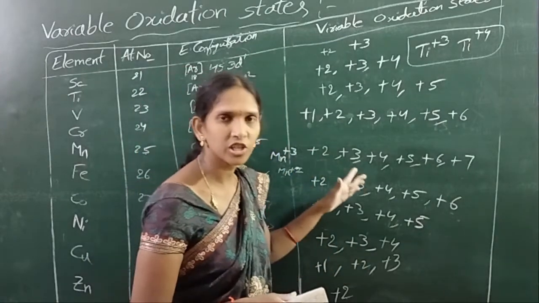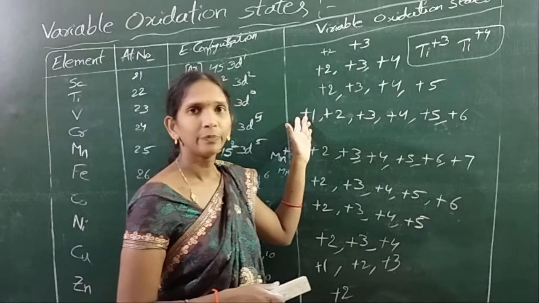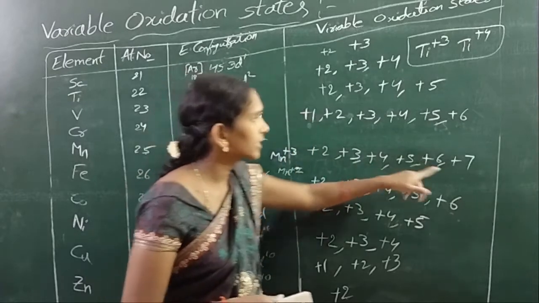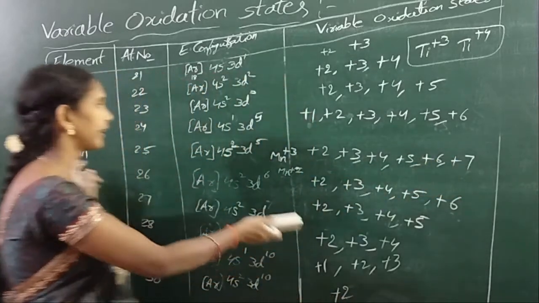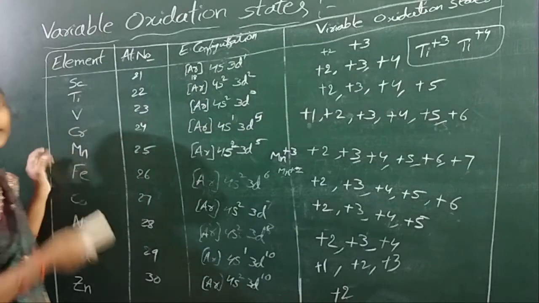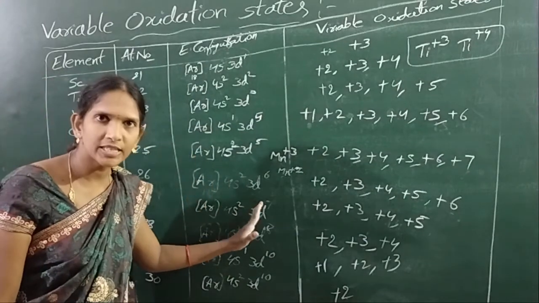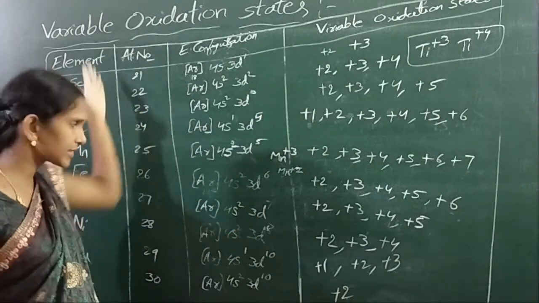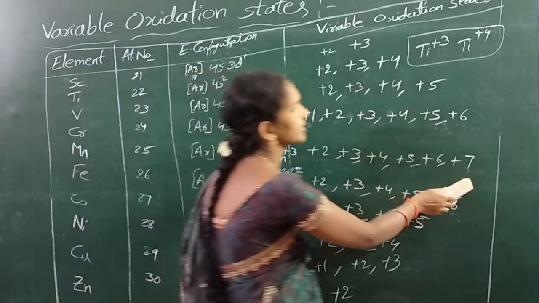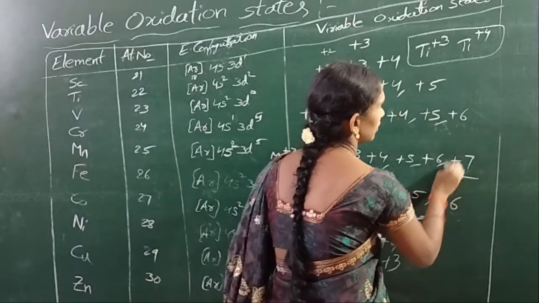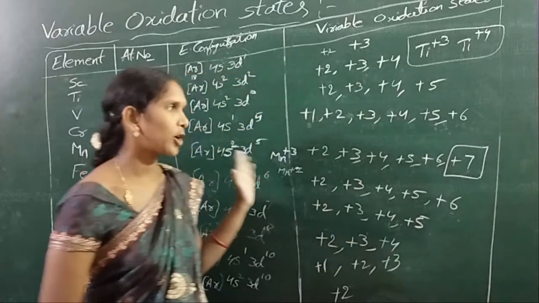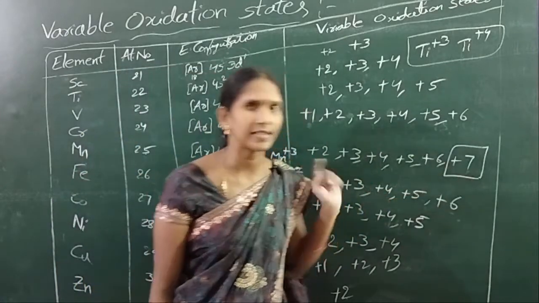The maximum oxidation state is +7, then manganese. The maximum oxidation state in 3D series is +7.